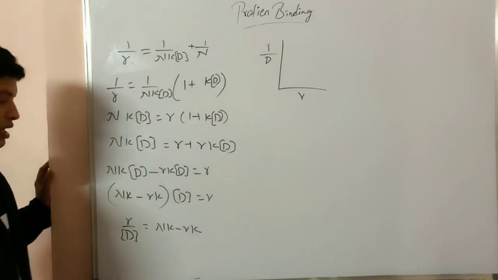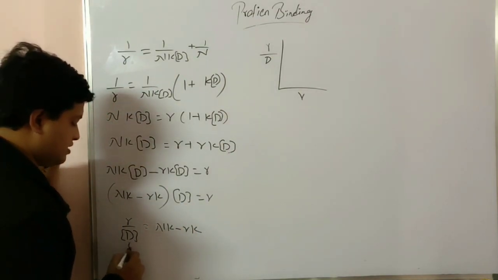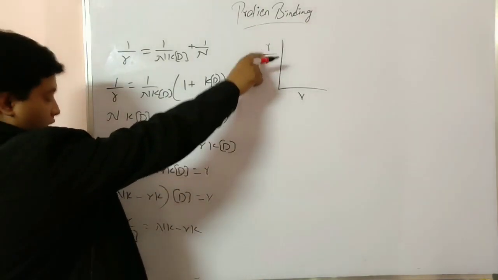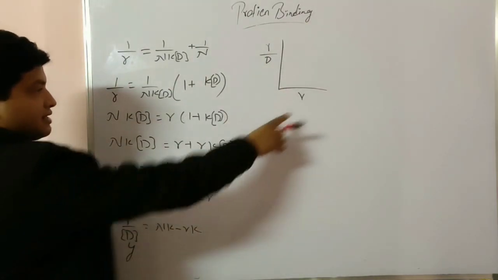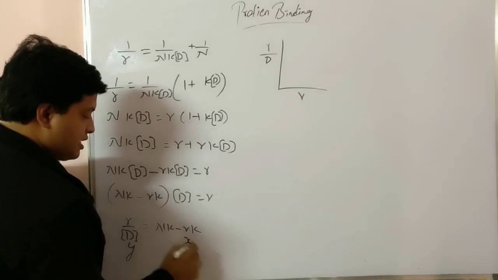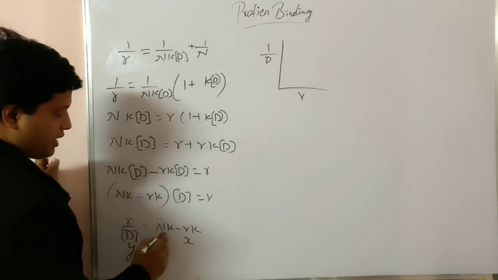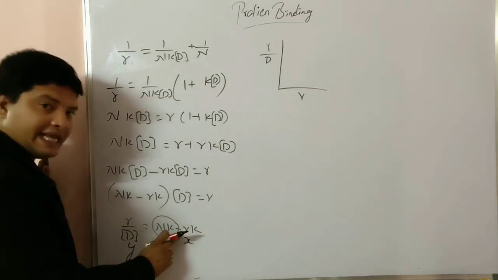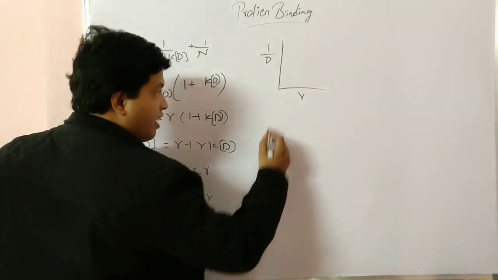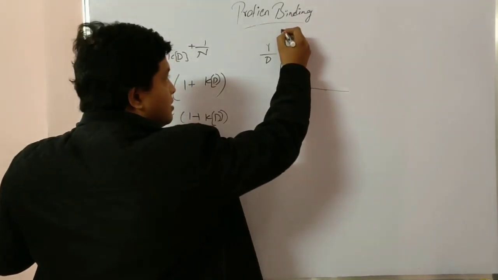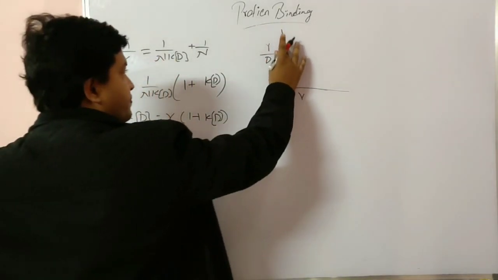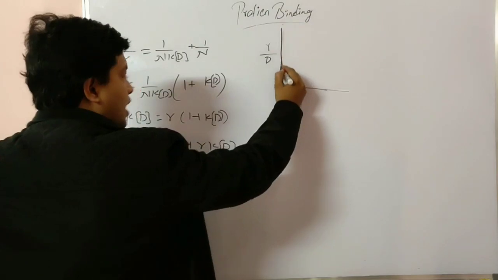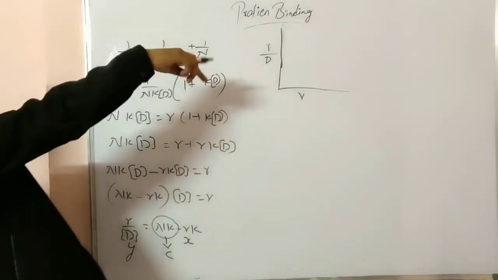Now we will see, this is y, y-axis r by d, x-axis is r, so this is x. This k will be your slope, and the remaining one will be c, intercept. As we have a negative slope here, we'll get a negative graph.